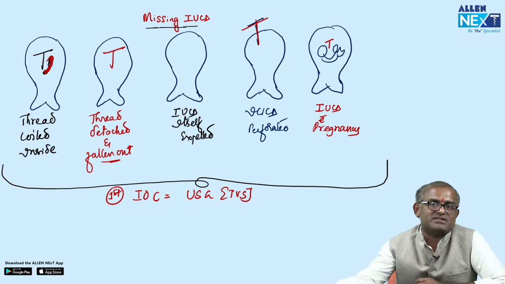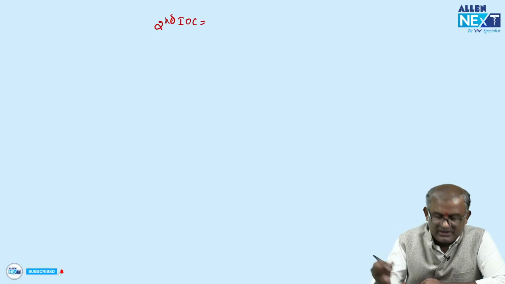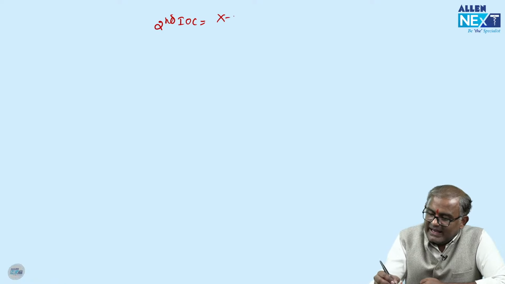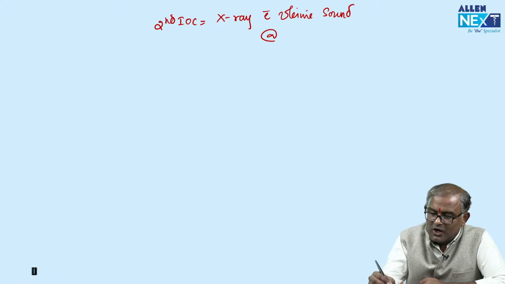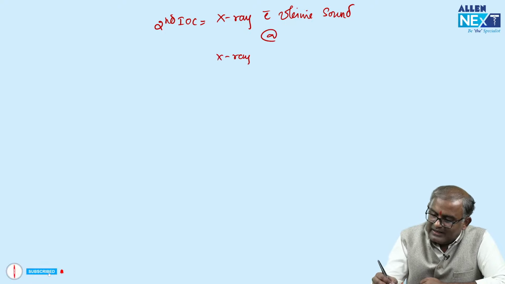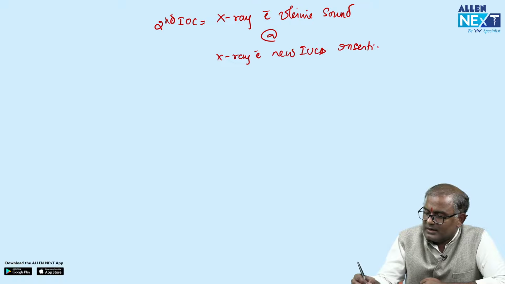That is the first investigation of choice. Second investigation of choice is X-ray with uterine sound, or X-ray with new IUCD insertion. Take it down, doctor.